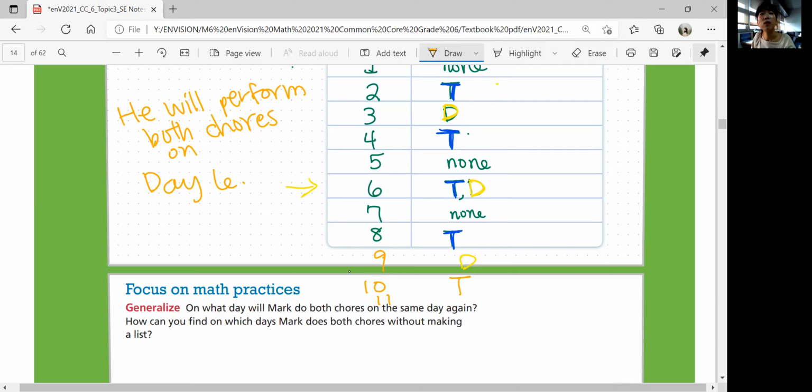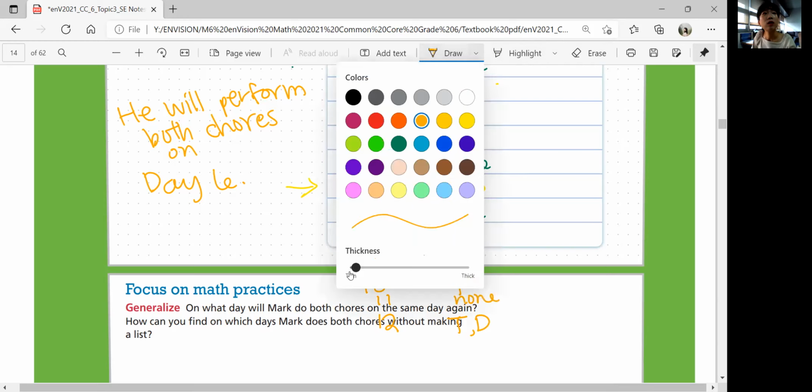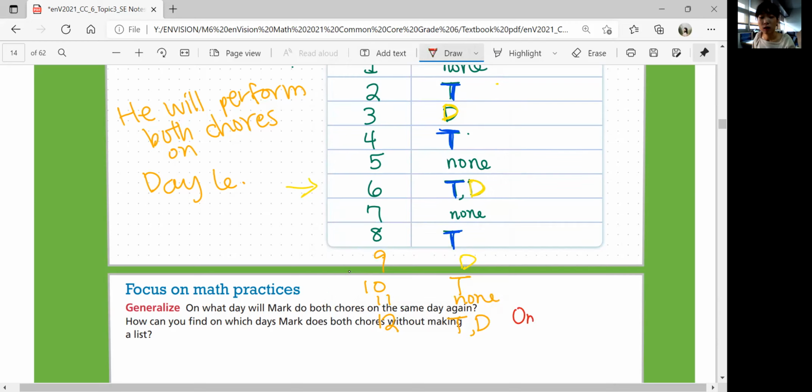Setting the table. And then day 11, none. And then 12, table again, 1, 2, 3, doing the dishes again. So day 12 will be the next day he will do both chores on the same day again, right? So you can say on day 12.